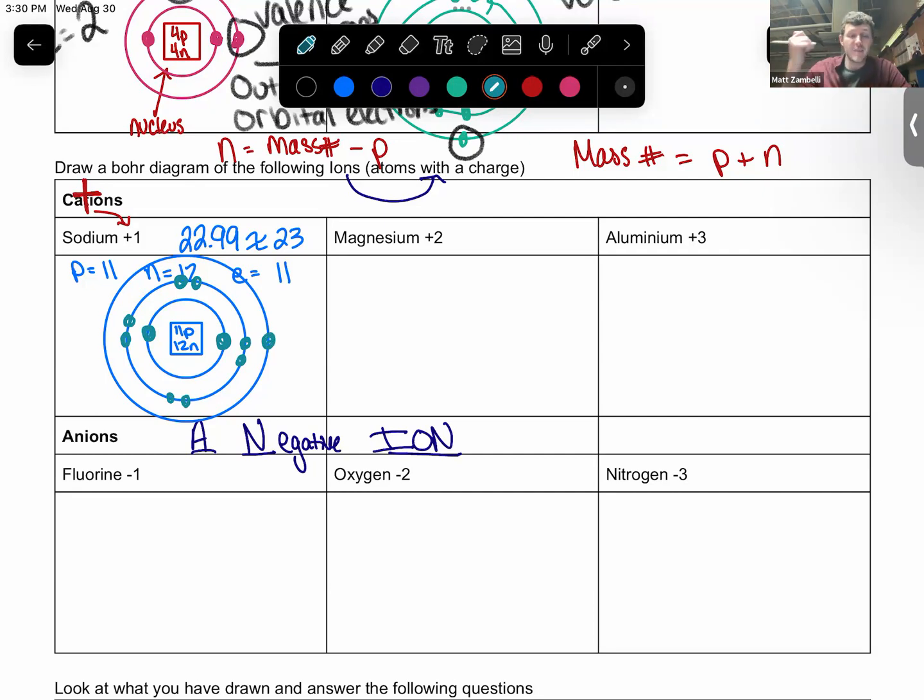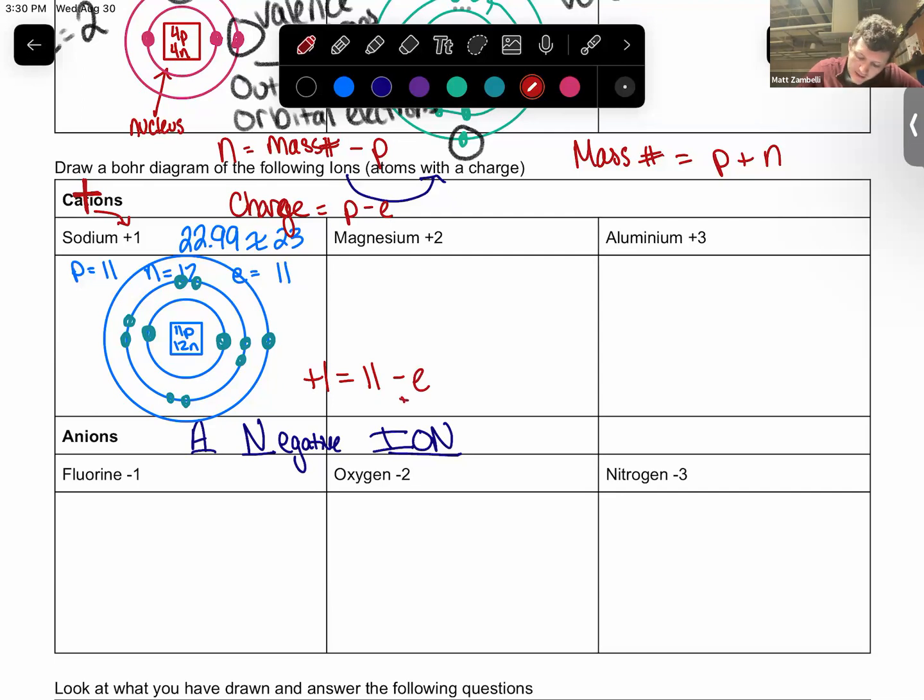But because we have a positive 1 charge, positive charges mean that we lost an electron, because charge is equal to protons minus electrons. If we have a positive 1 charge, that means we have a plus 1 equals 11 protons minus some amount of electrons.